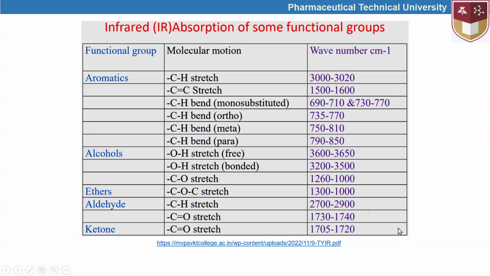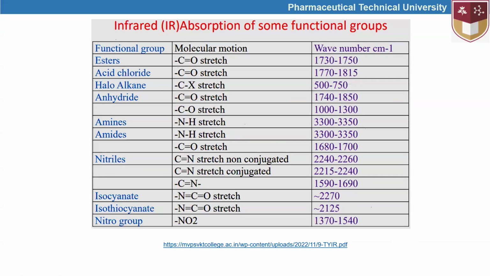Okay, these are the points that we have to pay some more attention to while we are comparing the wave number of different functional groups as well. In haloalkane, here we can see big differences in the wave number from 500 to 750, because those halo derivatives can include chlorine, fluorine, iodine, or bromine.